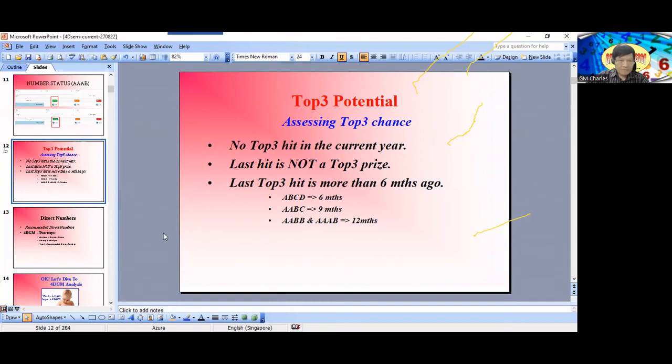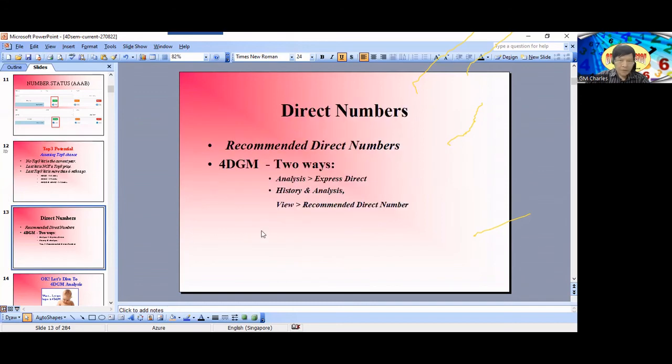Understand? Okay, the next important point, the fifth point actually, is the recommended direct number. I hope most of you already know how to look for this, right? There are two ways to look for this direct number. One is from the analysis, then you go to express direct.